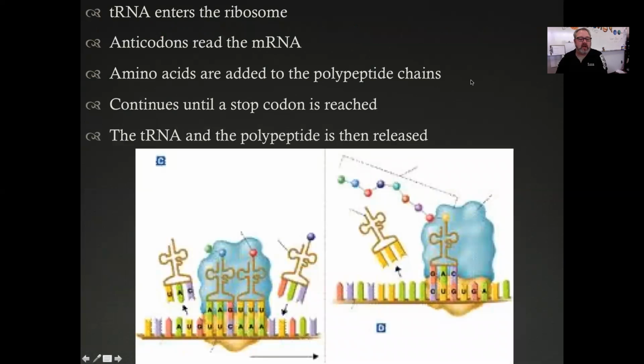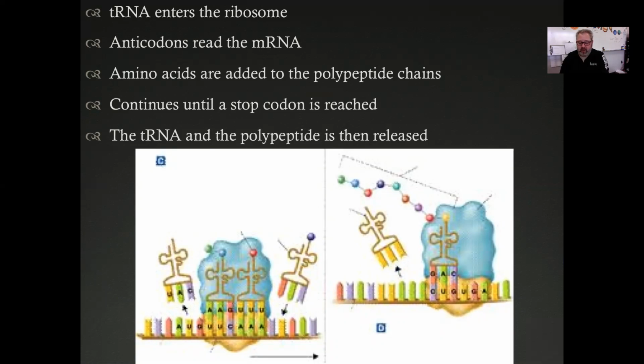Okay, so tRNA enters the ribosome, anticodons read the code, and it adds amino acids to what we call a polypeptide chain, okay? So the chain that gets created is called a polypeptide, okay? It continues until a stop codon gets reached, okay? We talked about those amino acids in the previous slide.